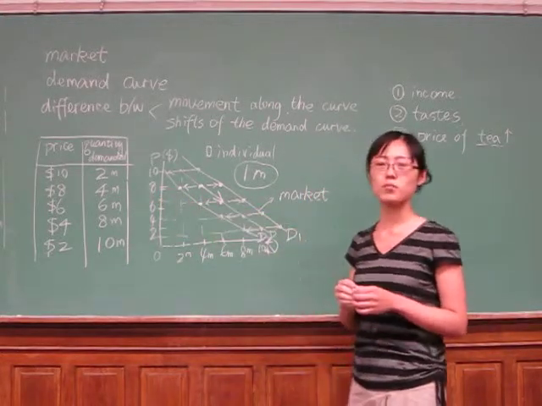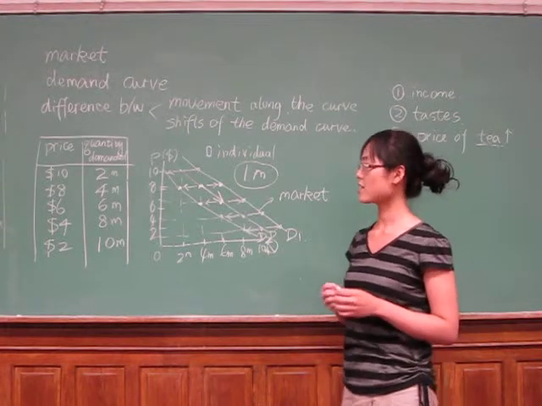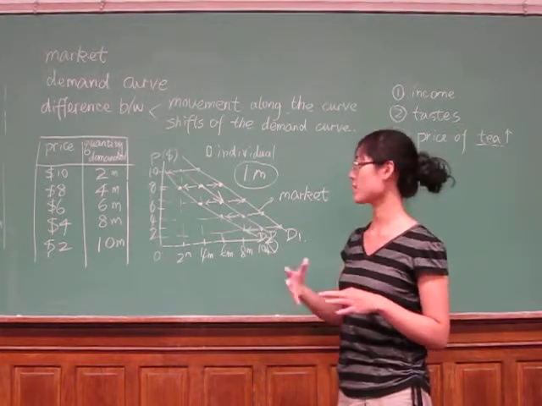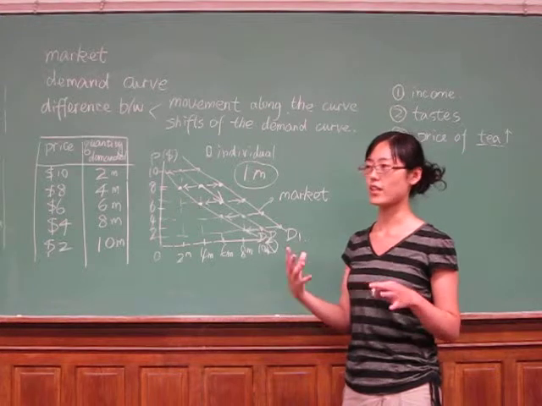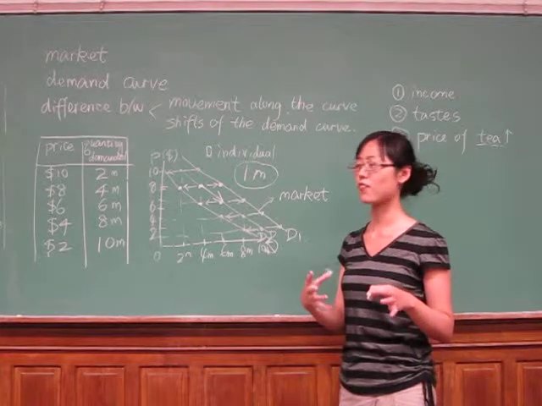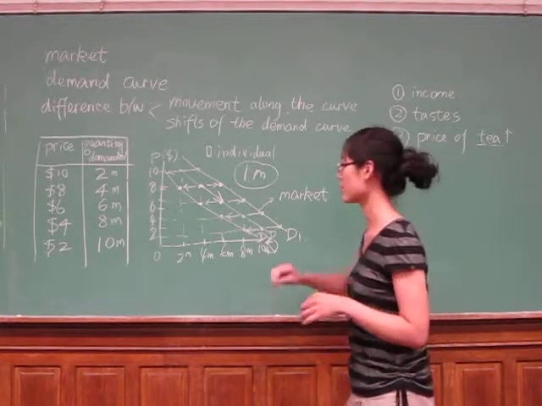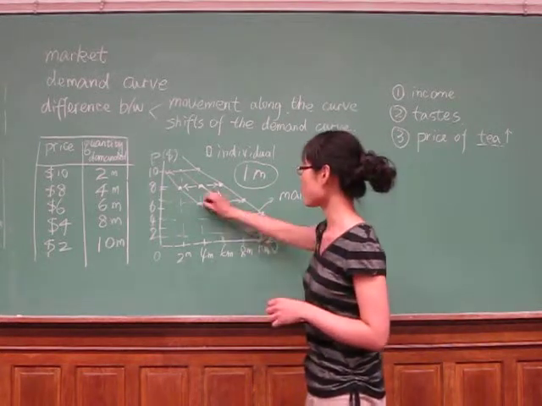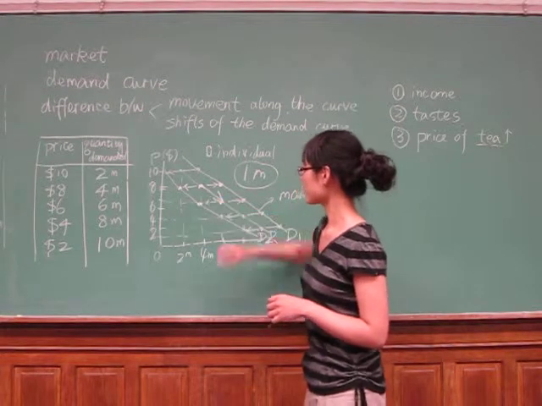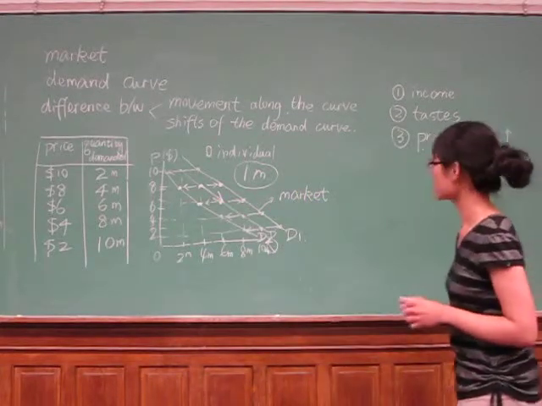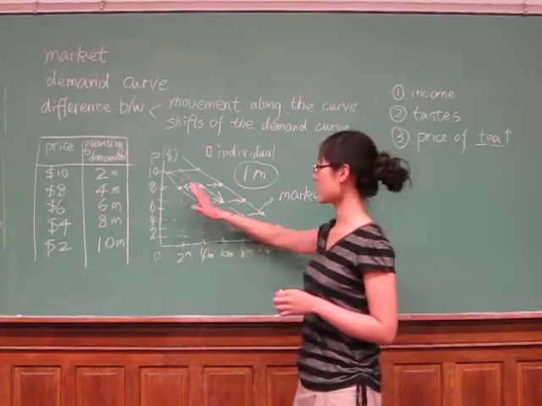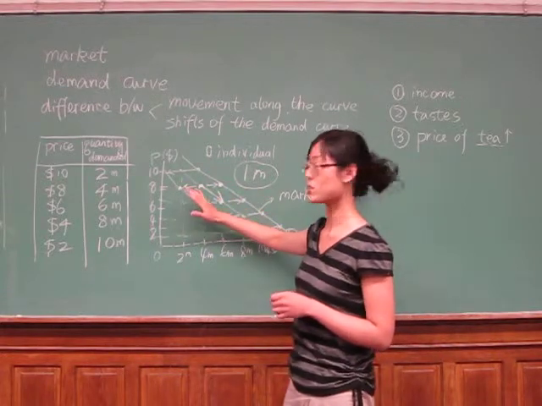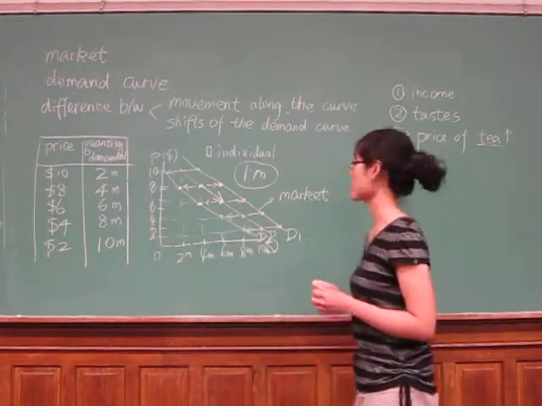So what will people buy? Are they still indifferent between coffee and tea, or are they going to buy coffee because it's cheaper? Now coffee is cheaper than tea, so people are willing to buy more coffee. So the price of tea goes up, people are willing to buy more coffee, and the demand curve for coffee shifts to the right.